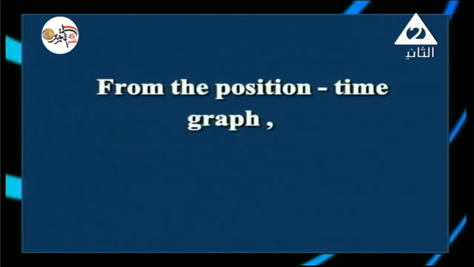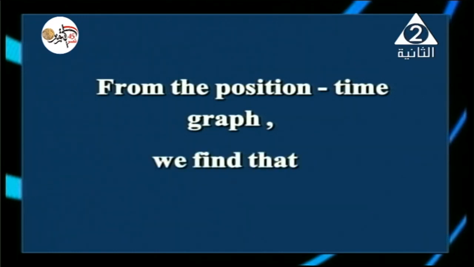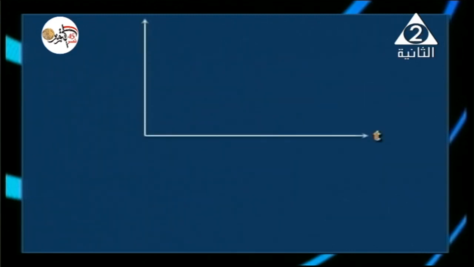From the position time graph, my dear student, look at the position time graph. On the horizontal axis we put t time, and on the vertical axis x of t, the position vector.